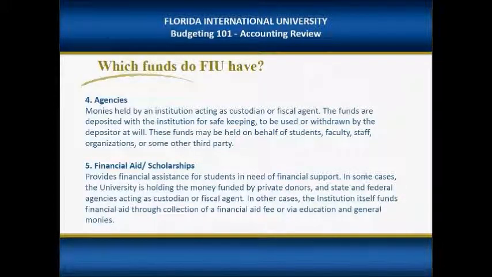It's used specifically only for that. And those monies really are not ours either to keep. We have a liability to apply those monies to the student receivables. In other cases, the institution ourselves manages our financial aid. We collect a financial aid fee, or we get certain other funds and we manage it internally. Ultimately, though, these funds do go to students.